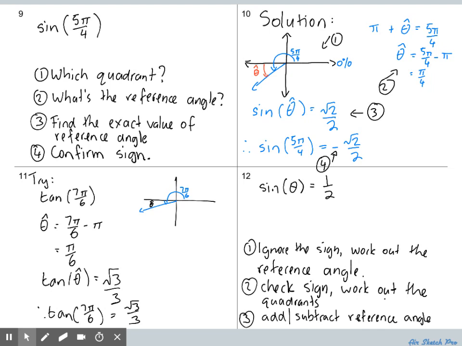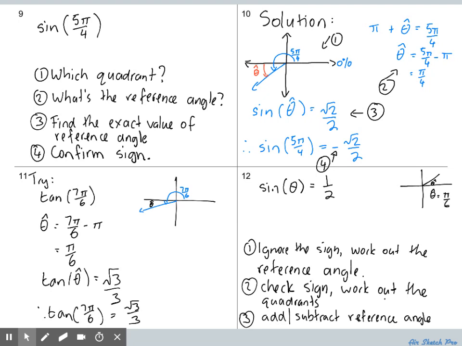So in terms of the diagram, the reference angle would be theta hat is equal to, so we look it up on our chart and we see that theta hat would be equal to pi on 6.